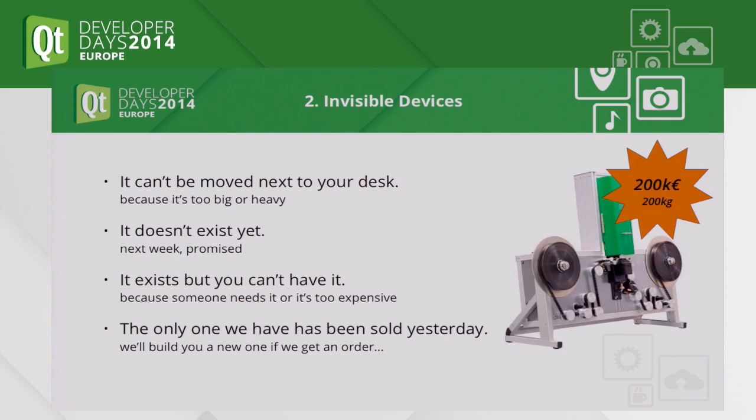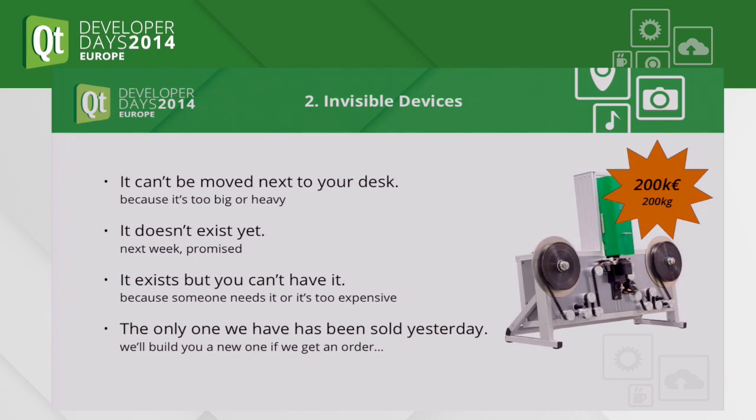Because it's somewhere locked in the basement. You can only remote control it, or it's in some place that you can't go. Typically, you're in Europe and you would have to go to America to test it. Or it may be something that you want to make software for, but you can't afford. Not everybody can buy a Ferrari to write the system in it.